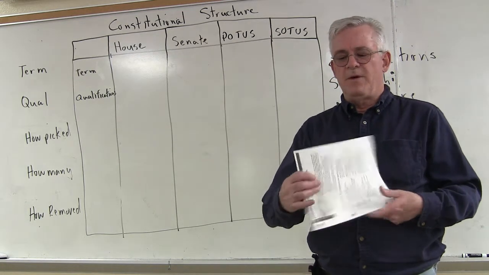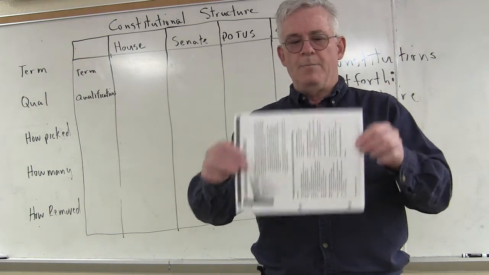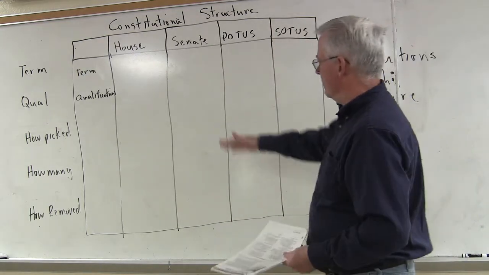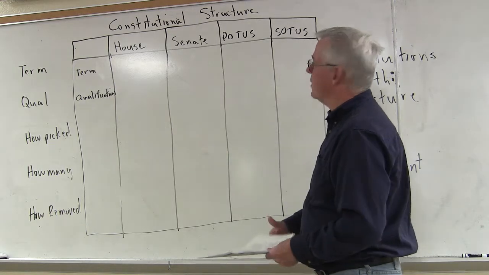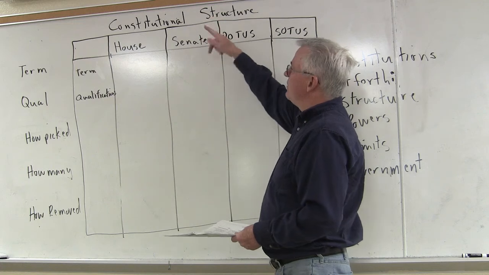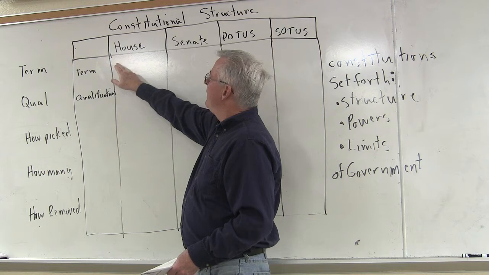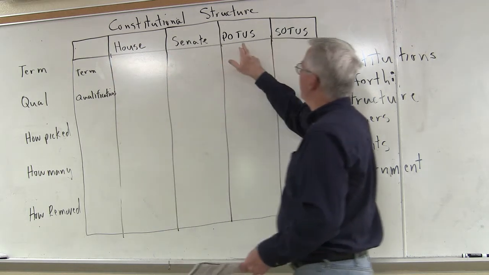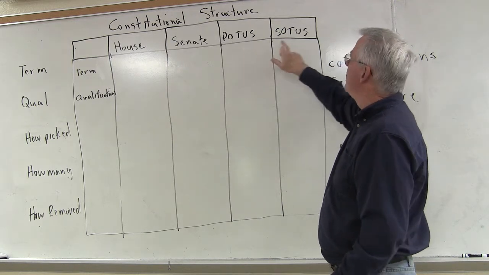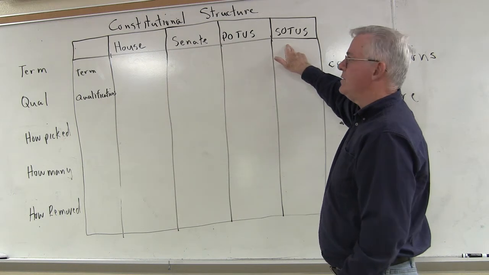Do me a favor. Get a piece of paper, blank, lay it sideways and draw this chart on it. Leave a little room at the top, and across the top write House, Senate, POTUS, which means President of the United States, and SCOTUS, which means Supreme Court of the United States.